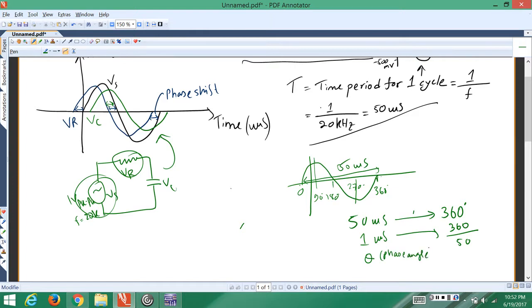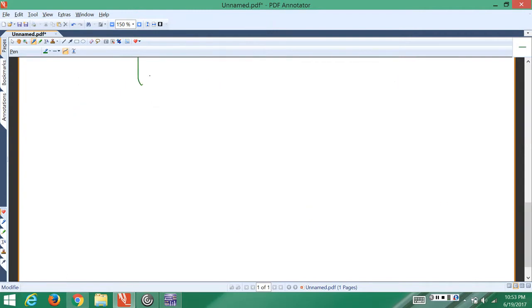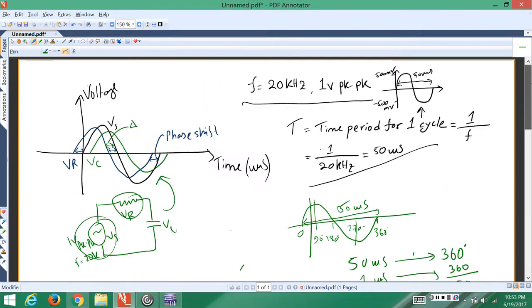So phase angle is going to be 360 by 50 times that time difference, del t. This is going to be del t, which is basically the time difference. Let's say this is cursor 2, this is cursor 1. So I need to know the times over here. This is t1 and let's say this is t2.